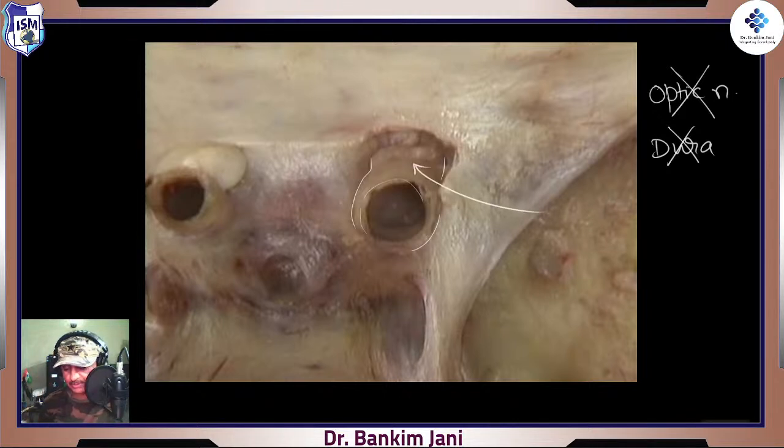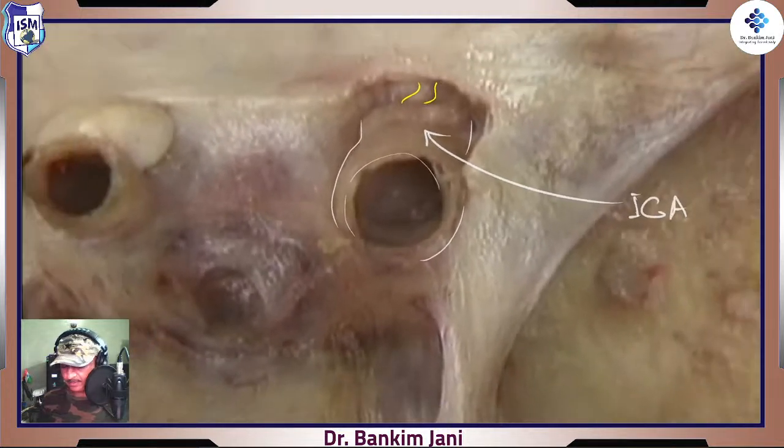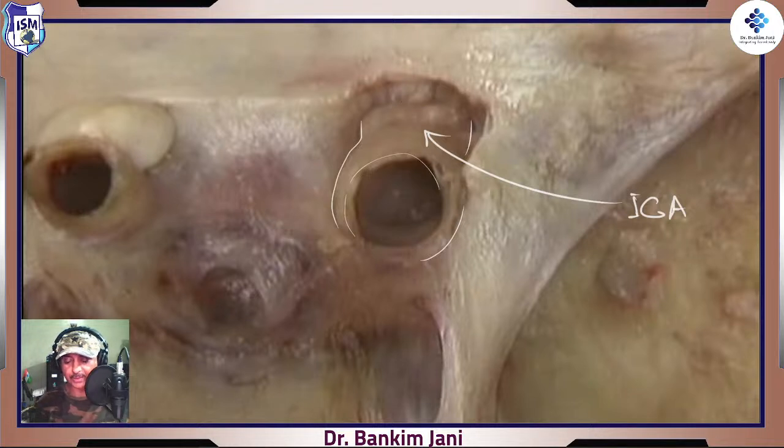But deep within, can you see one structure? See over here, I'll outline it first and then I'll zoom in. See, and then I remove this. See this one, that is the ophthalmic artery.